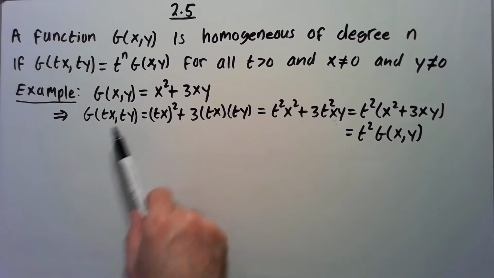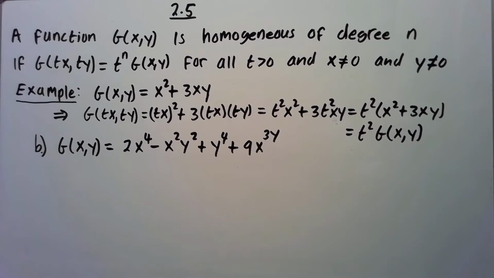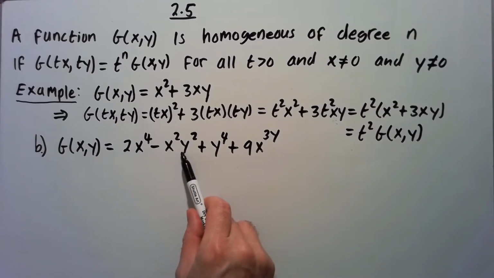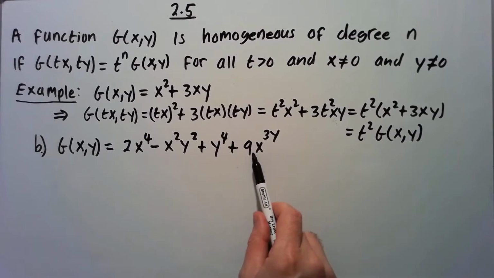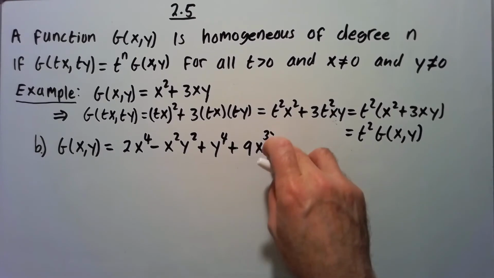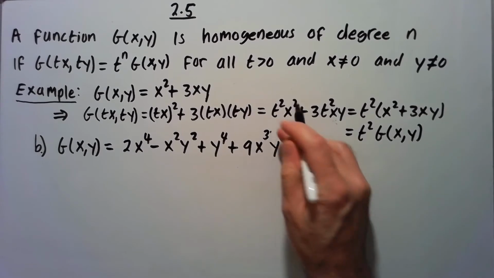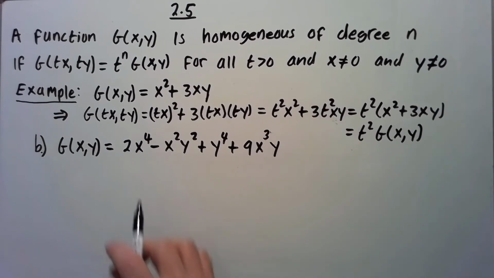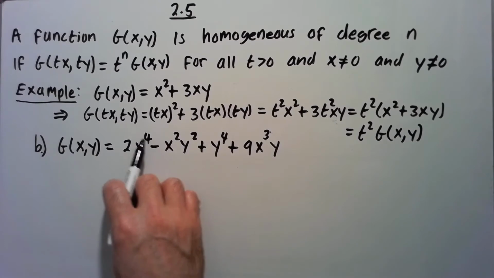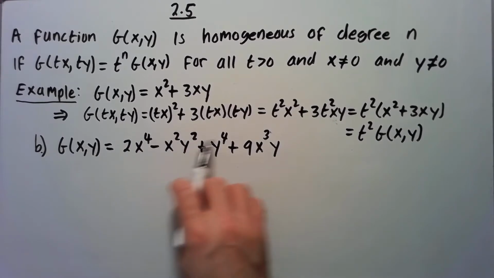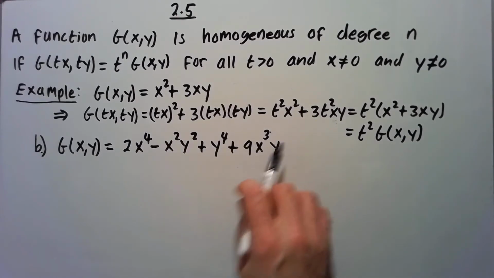So let's look at another example. This next example, you have 2x to the fourth minus x squared y squared plus y to the fourth plus 9 times x times y. Now each of these terms is degree 4. That's degree 4, that's degree 4, that's degree 4, that's degree 4.